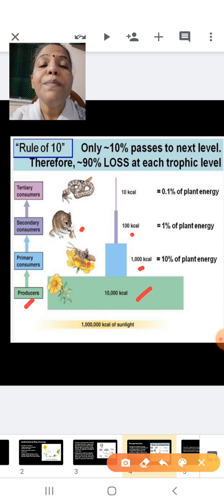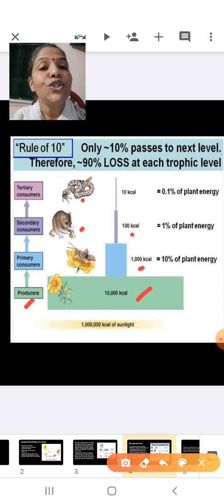And now what is that? 10% of the energy of the mouse will be only passed on to the python. So you are seeing that in each step, each trophic level, only 10% is passed to the next trophic level, correct?